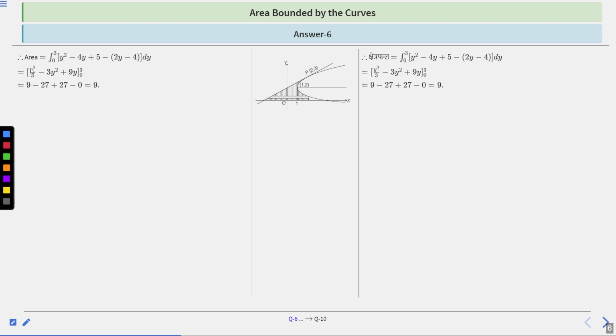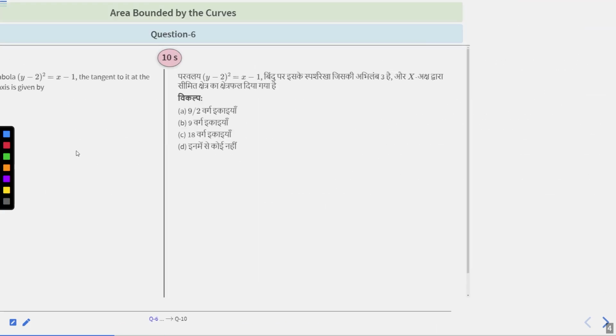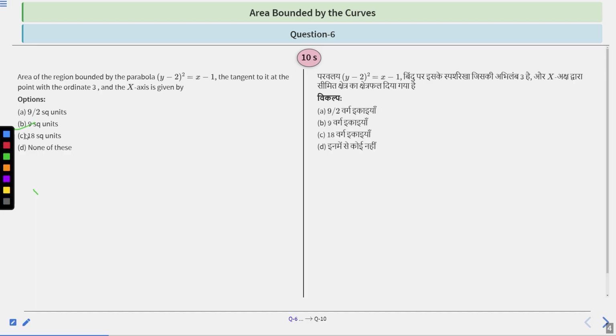After integrating this, you will get y cube by 3 minus 3y square plus 9y, and limit of integration is from 0 to 3. By putting the limit you will get the answer as 9 minus 27 plus 27 minus 0, which is equal to 9. So 9 is the right answer. Got it? Option B is the right choice, right?